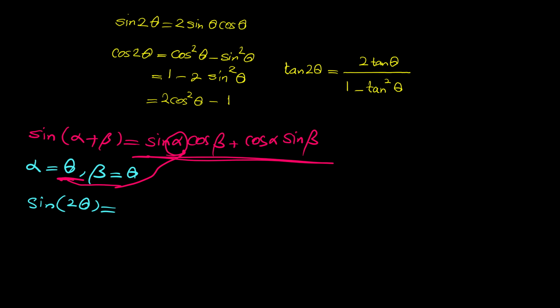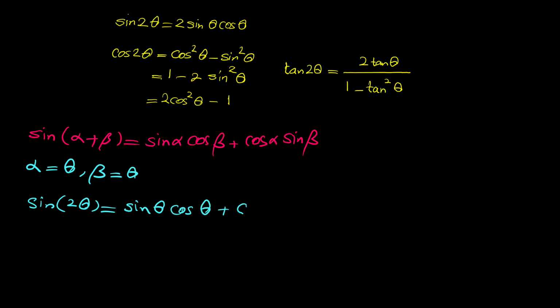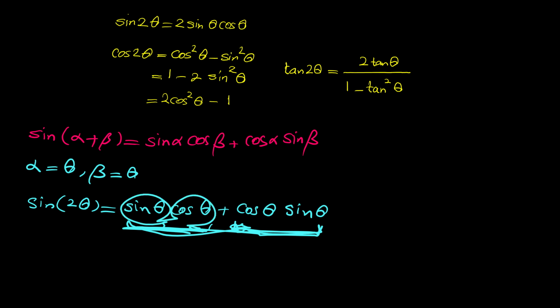So we have sine theta cosine of beta, but beta is also theta, plus cosine of alpha, alpha is theta, sine theta. Now look at this, sine theta cosine theta plus cosine theta sine theta. But cosine theta sine theta is the same as sine theta cosine theta, because in the multiplication the order of the terms is not important.